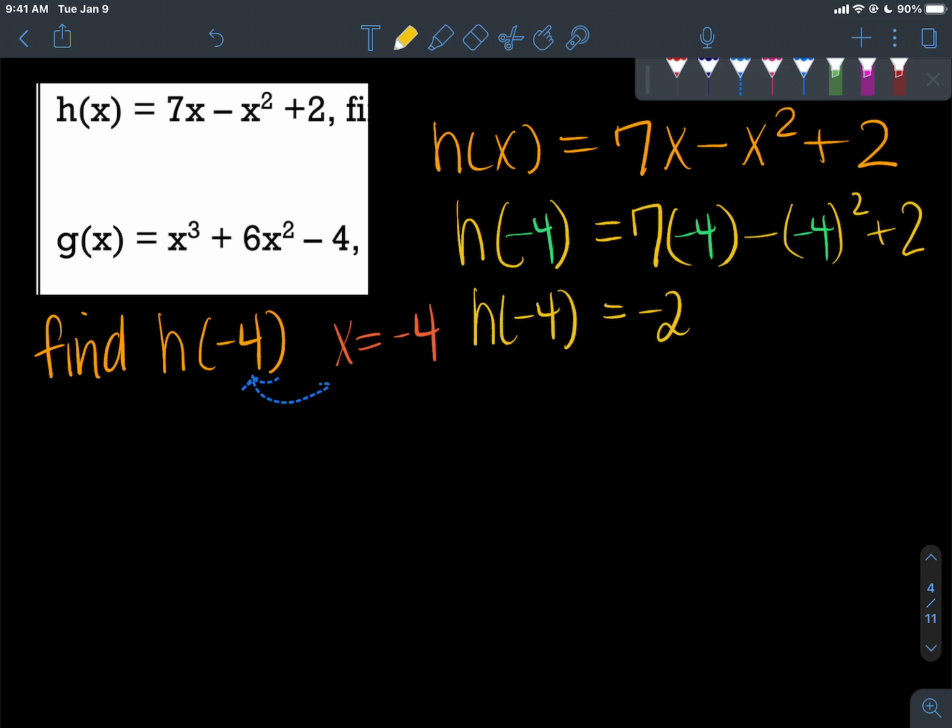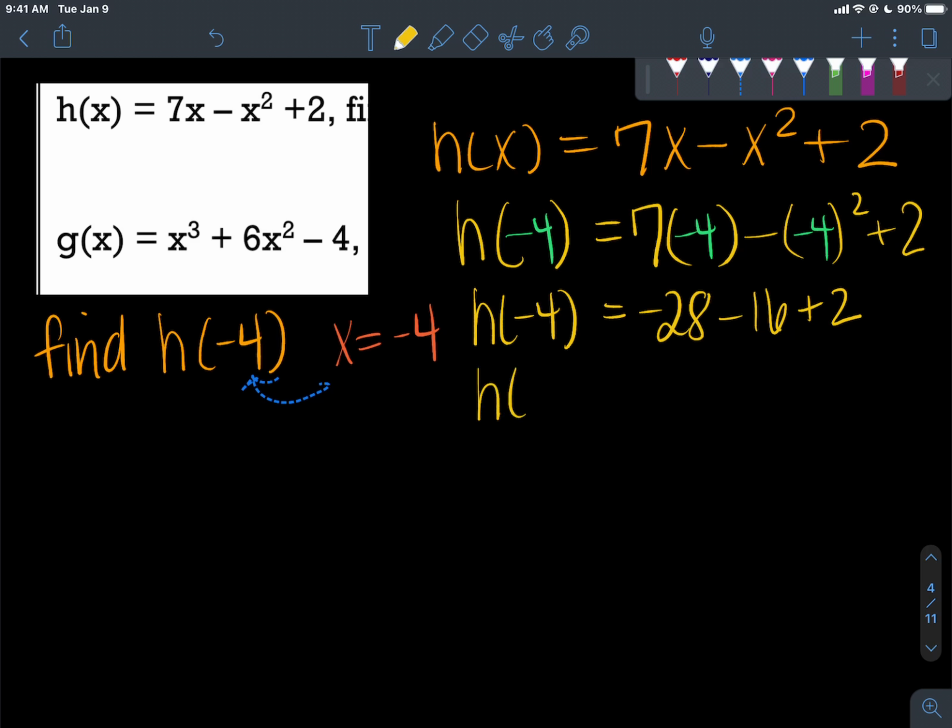So 7 times -4, -28, -4 squared. So remember, I got to deal with the parentheses first. -4 times -4, that's positive 16. Multiply times a negative, -16. Okay, got that.